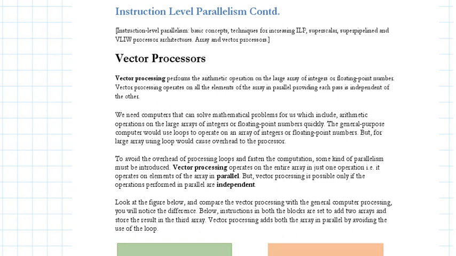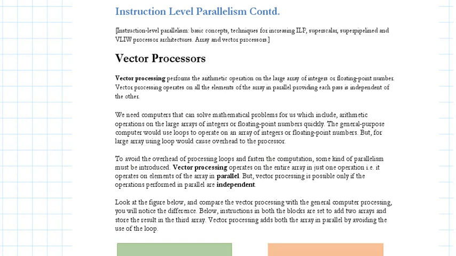In those cases, you need a general purpose computer which can complete those large mathematical operations in a short span of time. And that is the idea behind the development of vector processors.